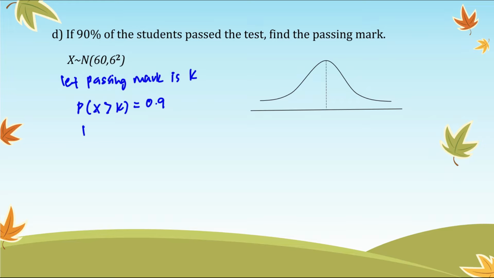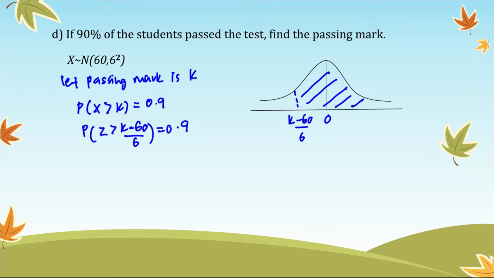First, we standardize the value, so (K minus 60) over 6. It is on the left side because it is greater than 0.5, more than half. This area is 0.9.